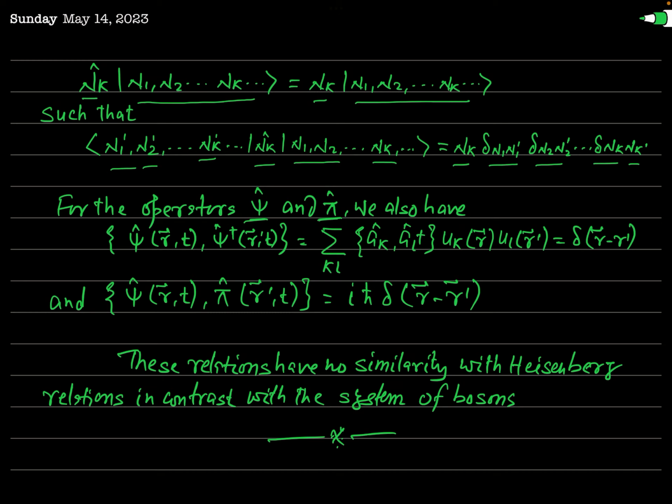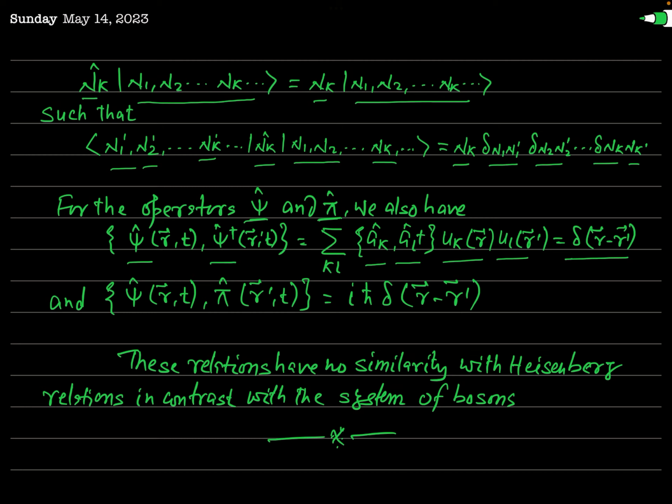So the anti-commutator of psi hat and psi hat dagger is equal to the summation over k, l of the anti-commutator of a_k with a_l dagger, u_k of r, u_l of r', and that is equal to the Dirac delta function delta(r minus r'). You know that this is the three-dimensional Dirac delta function.